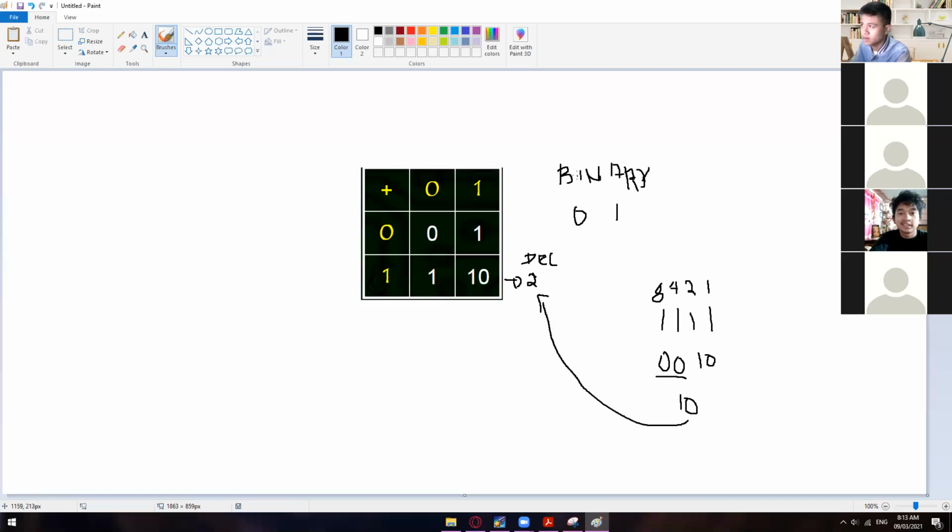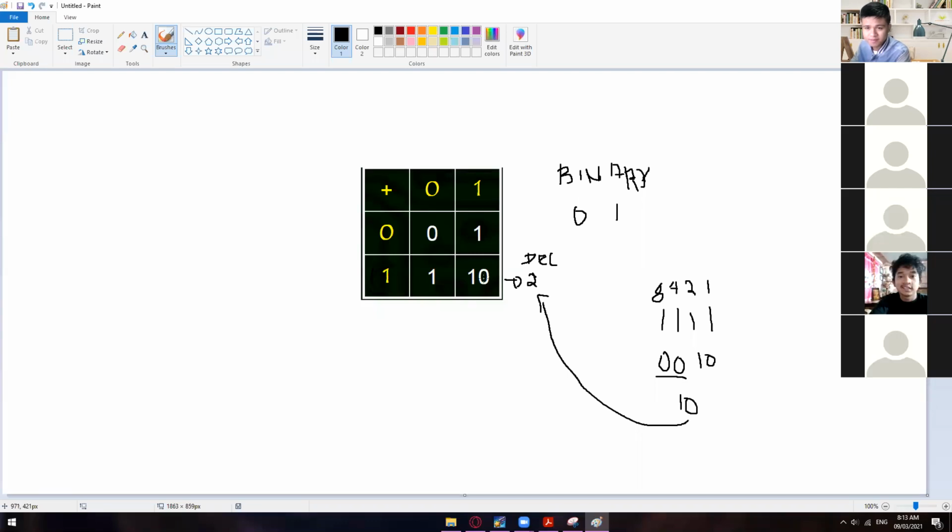Since we are adding in binary, it should be represented in binary. All right, are we clear so far on how we got 10? Yes, sir. Okay, but how about 1 plus 1 plus 1?